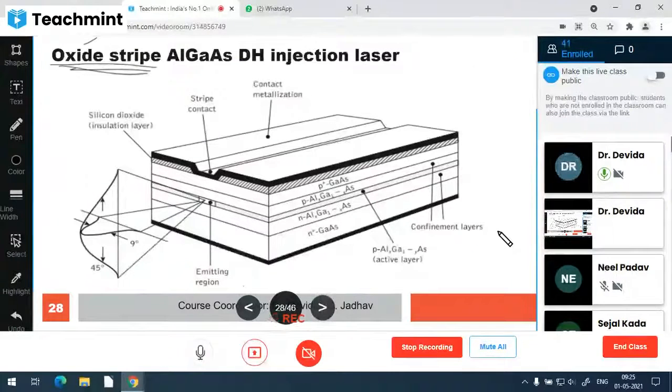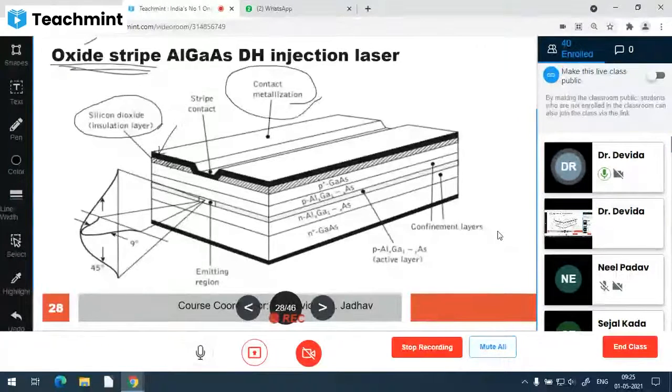So this first layer is the metallization, which is shown dark. Second, below that, hatched, that is the silicon dioxide insulating layer. So the first layer, which is metallization, is the conducting layer. So this is contact metallization.